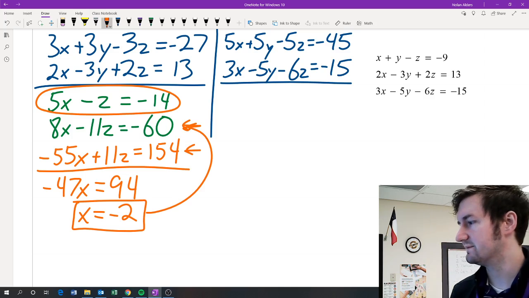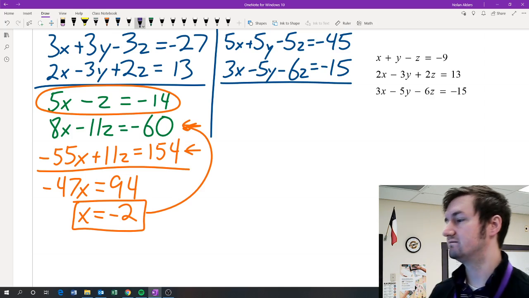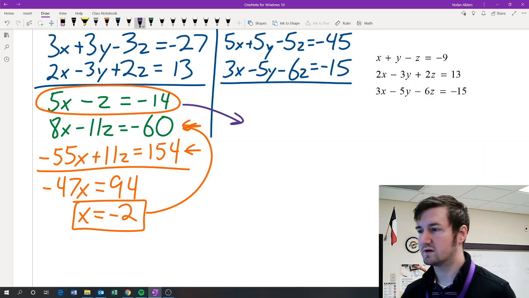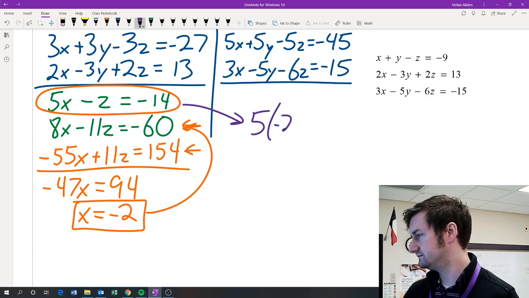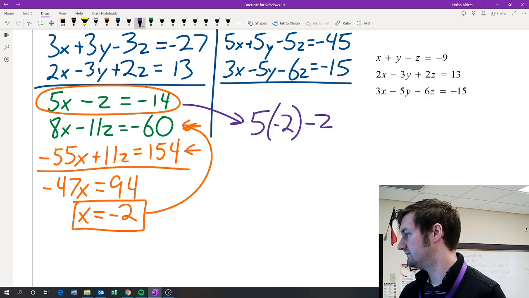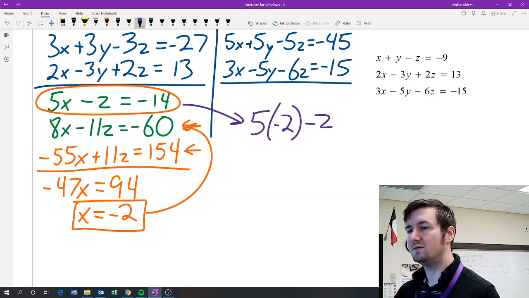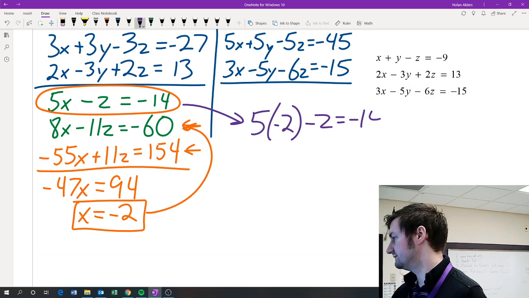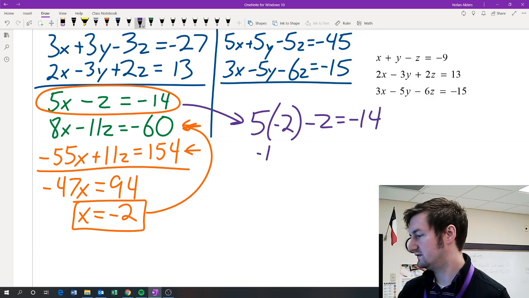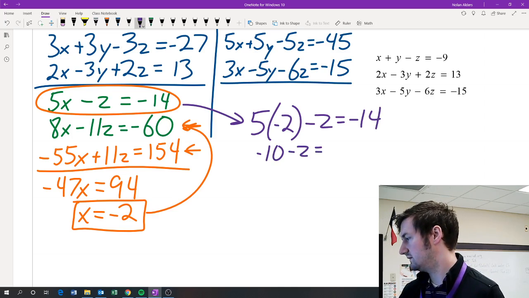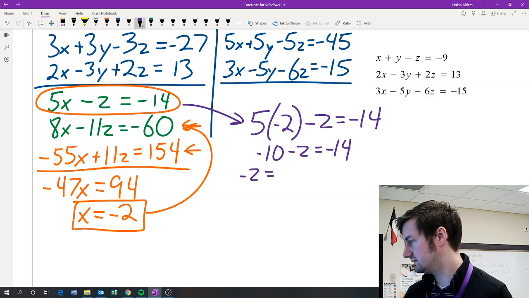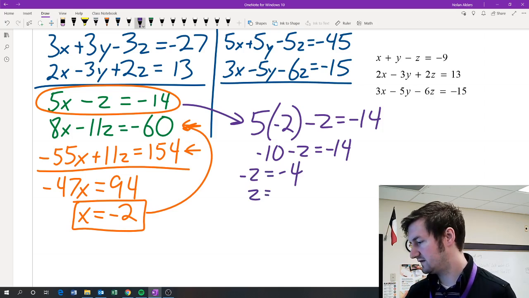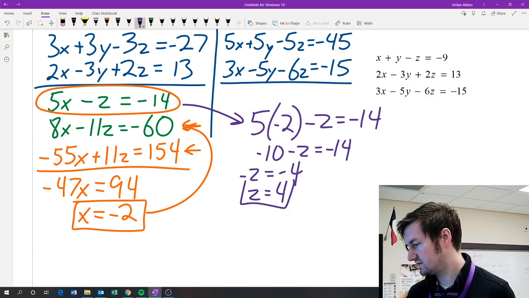So we'll have 5 times x, which is negative 2, minus z equals negative 14. 5 times negative 2 is negative 10. We can add the 10 to the right, and we'll get negative 4. And then we can divide by negative 1 to get z equals 4.